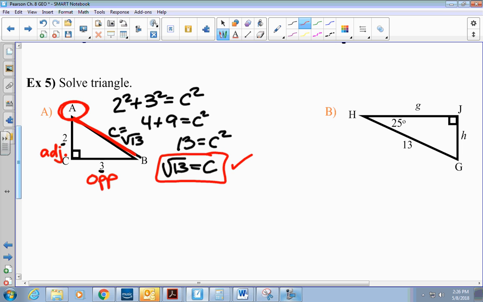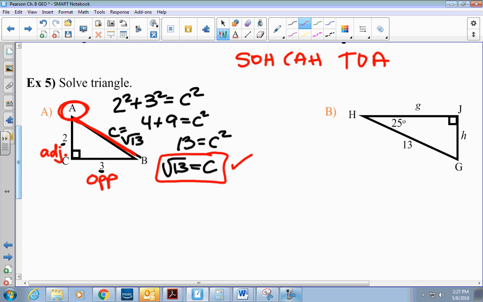So looking at your trig functions, so, toa, COA. Look at the letters, Anthony. What letter does hypotenuse start with?